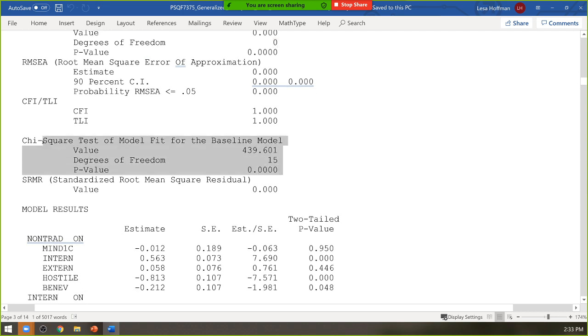Here's a source of confusion potentially. This chi-square test. Stata gives this one to you too. That's significant. What is it telling you? Do you remember? The chi-square test for the null model or for the null baseline, as it's called here. Any guesses?